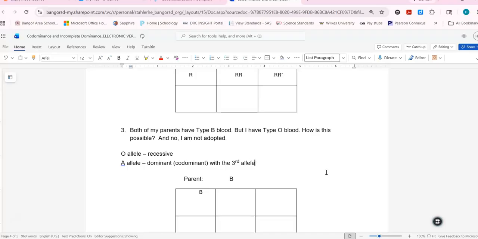Look, I know how to say allele, guys. The third allele, which is your B allele. That's what they mean by multiple alleles. It's the same gene that controls blood type, but you basically have the alleles of O, A, and B.